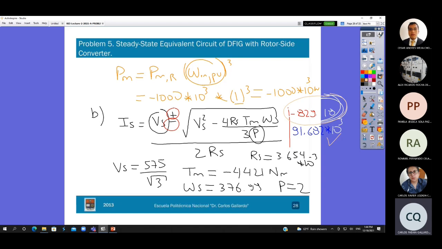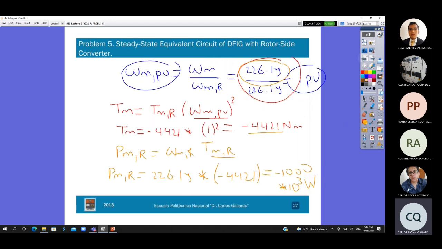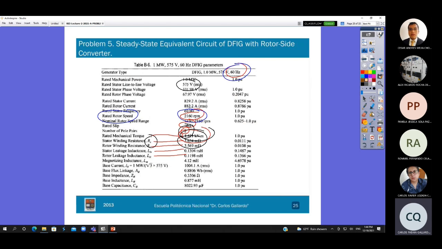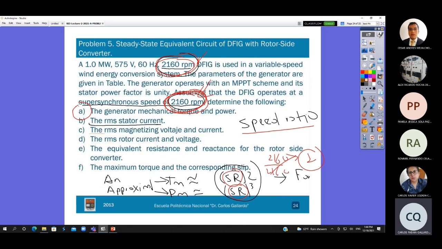So let's go back to the problem. What about question C? Question C is the root mean square magnetizing voltage and current. So I will use the equivalent circuit.